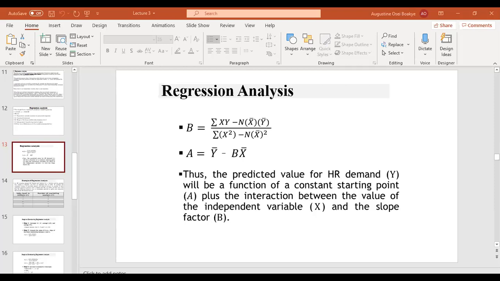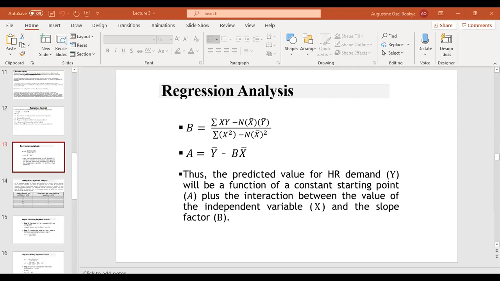Good. 7 times 66. 462. So you see, it's very, very simple.